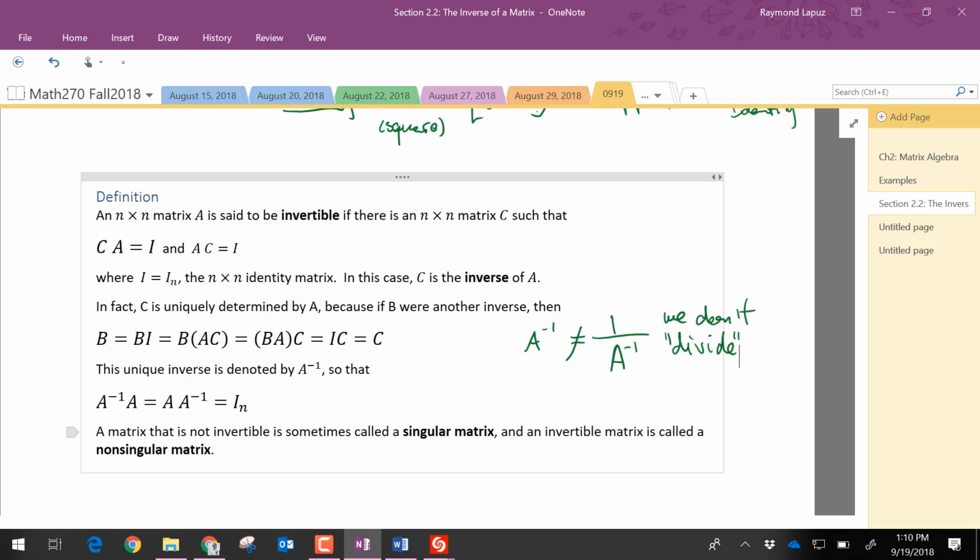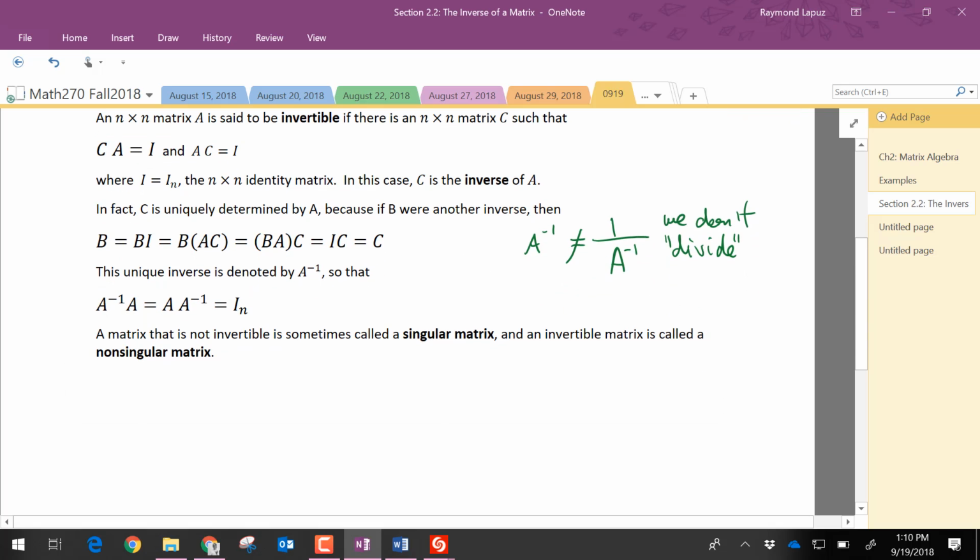Why would we be interested in finding the inverse? Remember this equation? We're interested in solving for x, right?